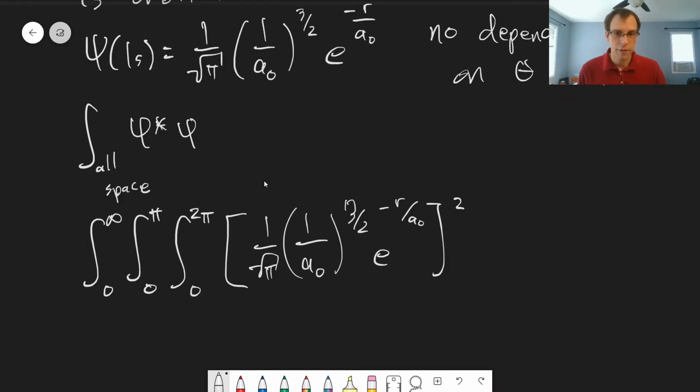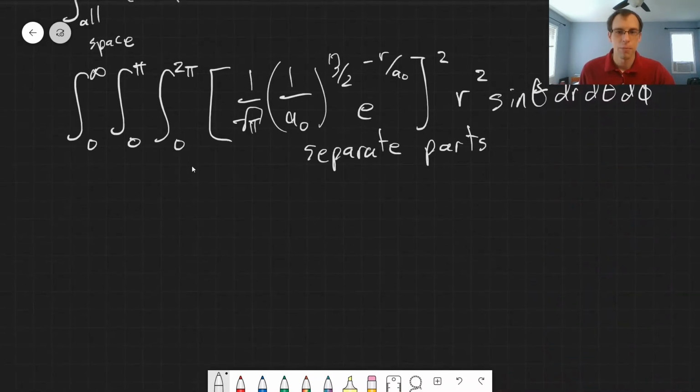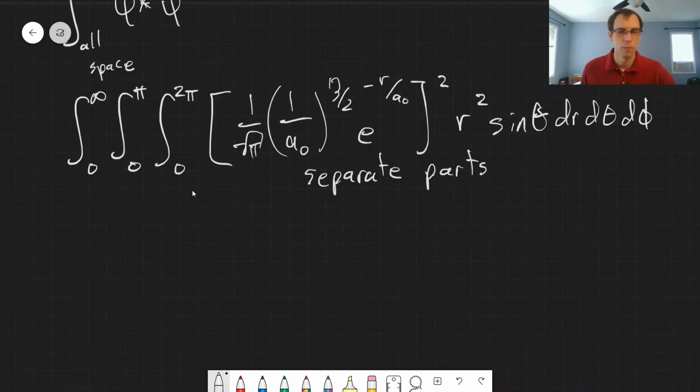And then for our differential element here, we always have r squared sine theta, and then we have dr, d theta, d phi. Okay, and so what we can do is separate this out into each of the variables, separate into the parts that depend on each variable.